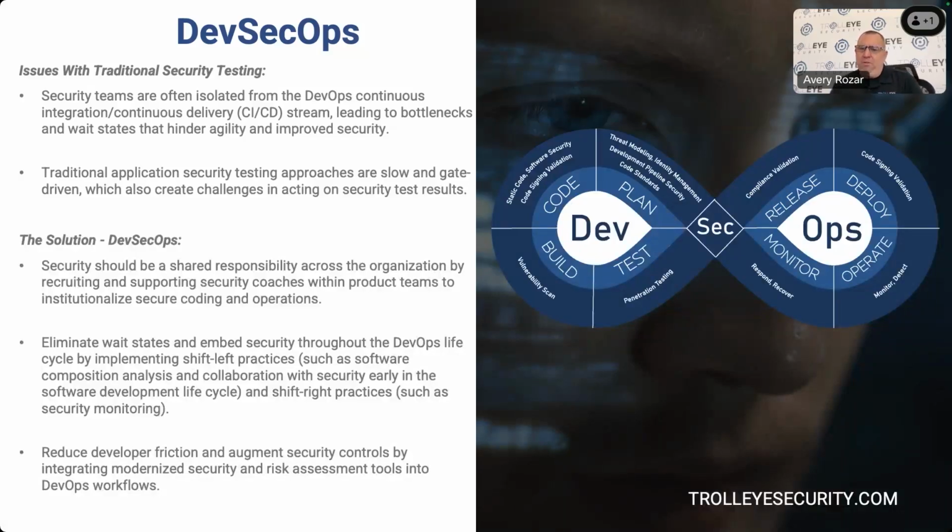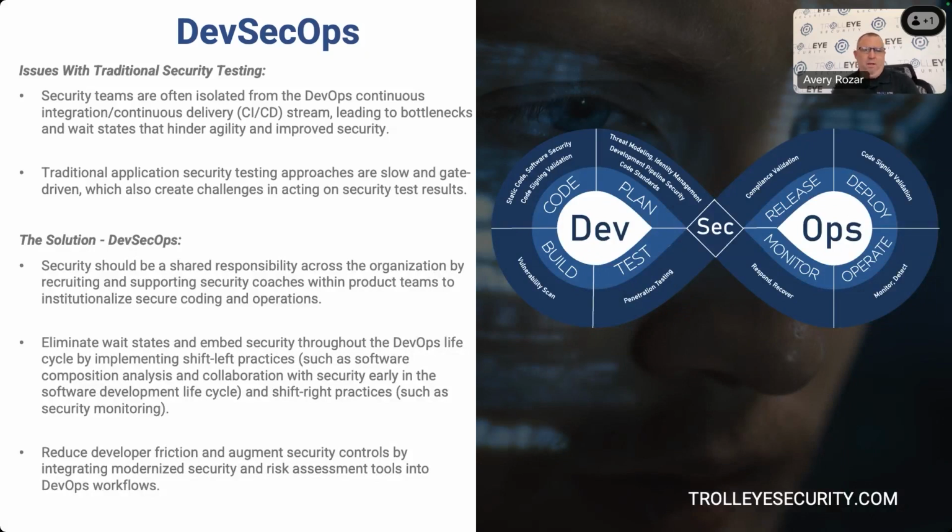Going back to 2016, when I was working as an application security engineer, I discovered that traditional cybersecurity testing was isolated, slow, a gated approach, and definitely not very agile.